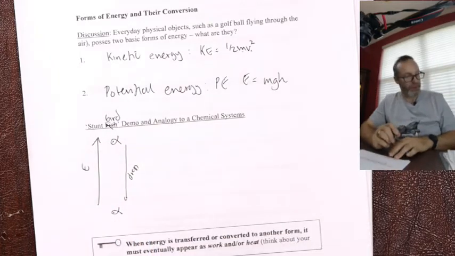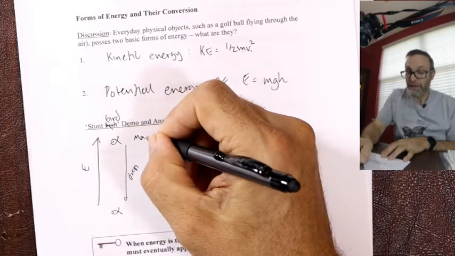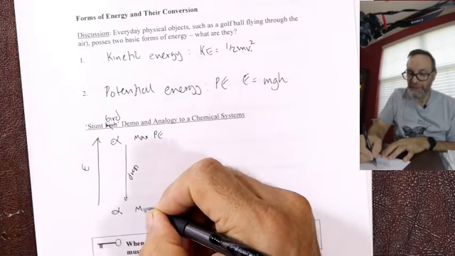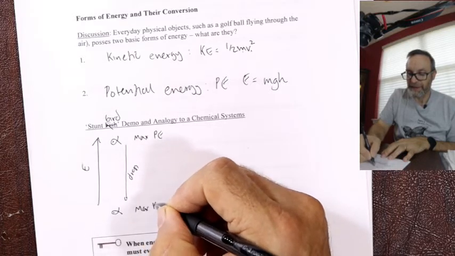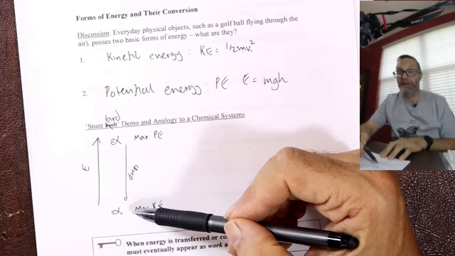The fish gets kind of squished, and it turns its max potential energy into max kinetic energy. It's moving as fast as it possibly can right at the point where it hits the ground.